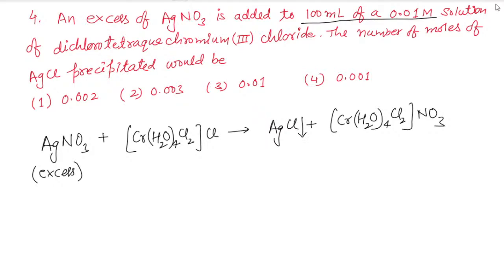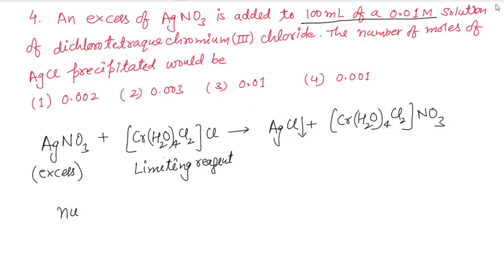So this is the product formed. That means this complex is the limiting reagent. The limiting reagent is the one which is consumed completely and decides the amount of product formed.